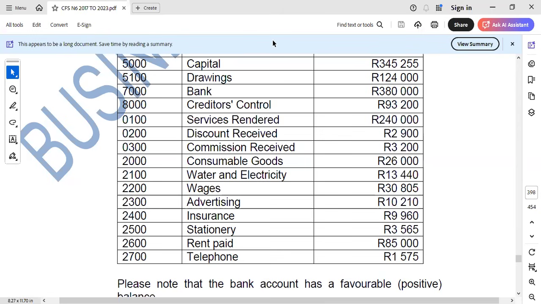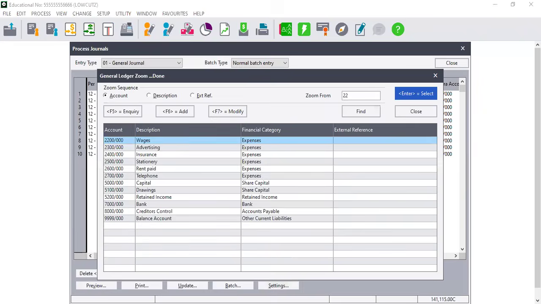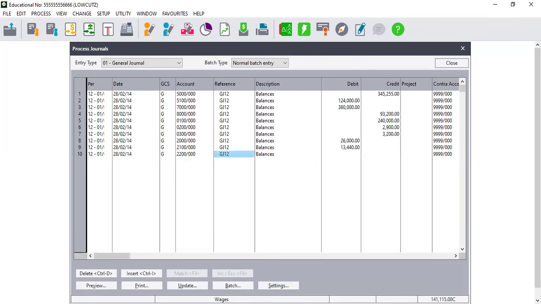Okay, let us go there now. Now I want water and electricity, which is 13,440. Then wages, 30,85, sorry, the GJ 12 here does not change.